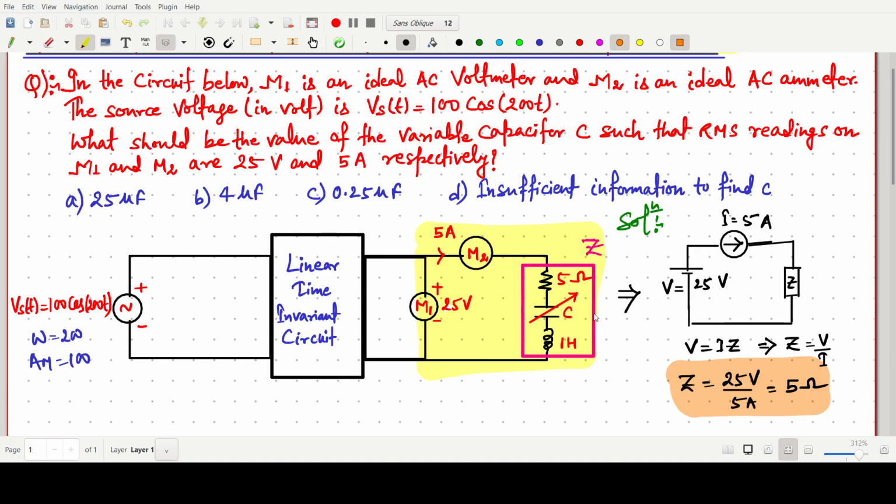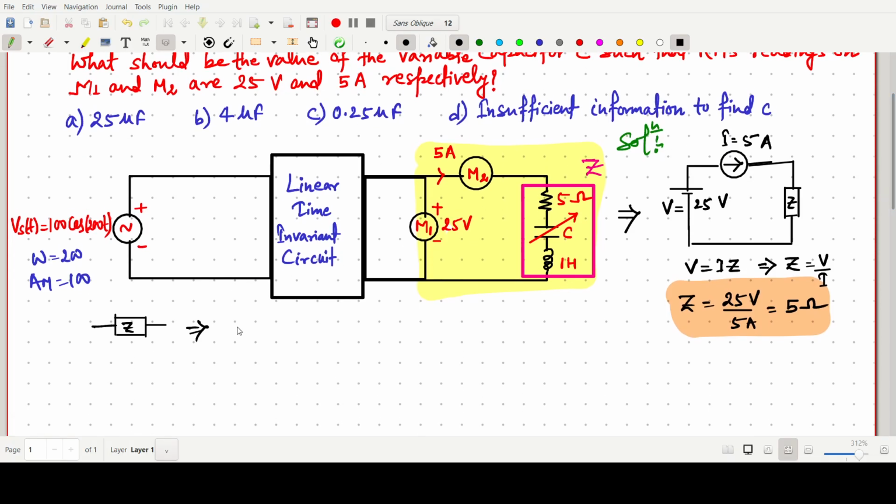Now this Z consists of a series combination of a resistor, a capacitor and an inductor. So I am saying R, C and L.